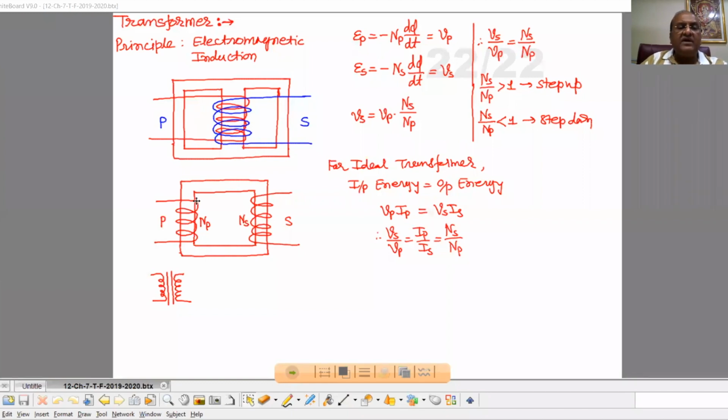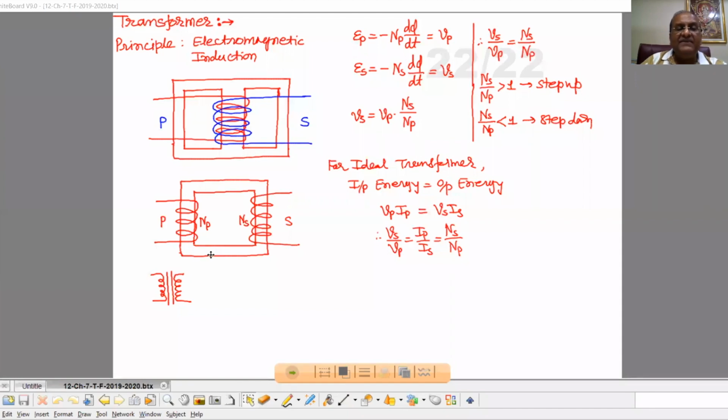Now when the current is flowing through this primary, the magnetic field is produced, and those magnetic field lines pass through this primary coil, but the primary coil is wound on the core of soft iron, and soft iron attracts the magnetic field lines, and therefore maximum magnetic field lines will pass through this one.